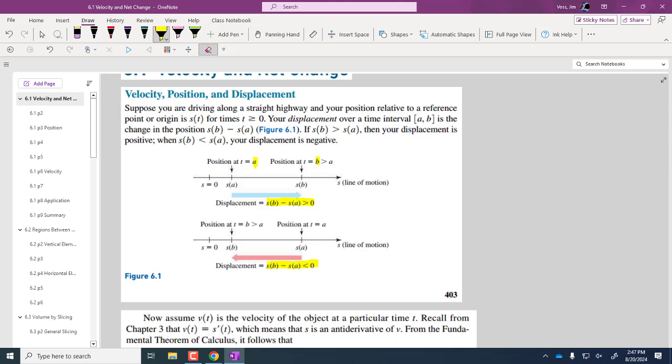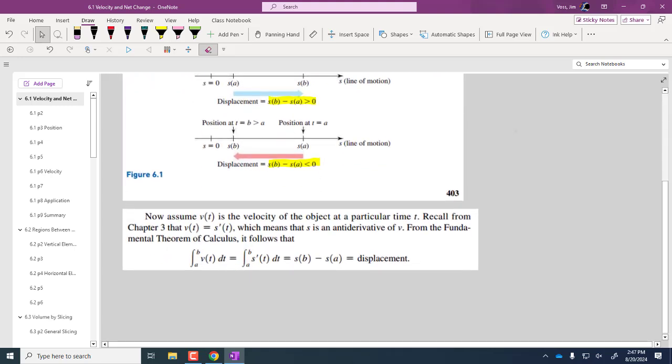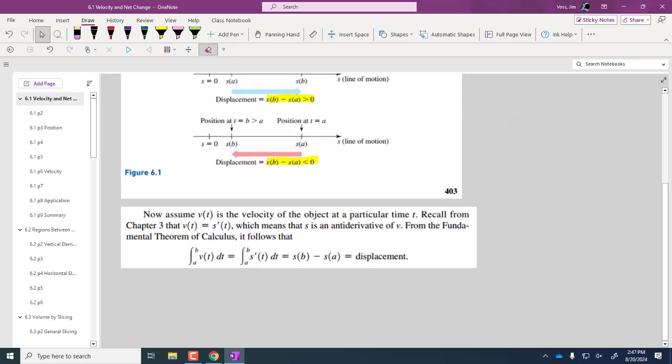Now we would love to have a formula, if we've got this important concept of S of B minus S of A, this concept of displacement, we would love a nifty math formula that could create that. Well, we're talking about movement along a line, and when something's moving, there is velocity of some sort.